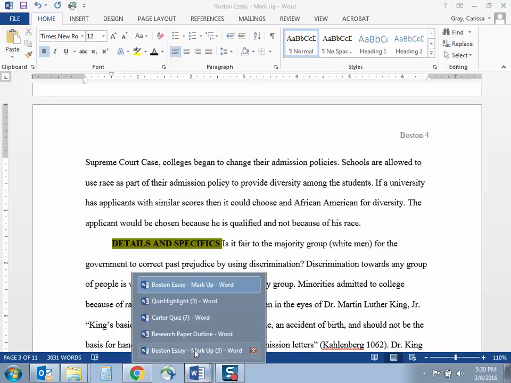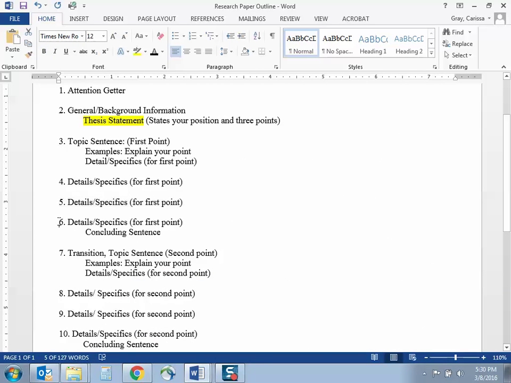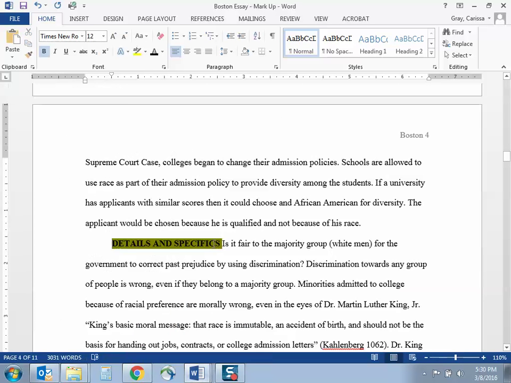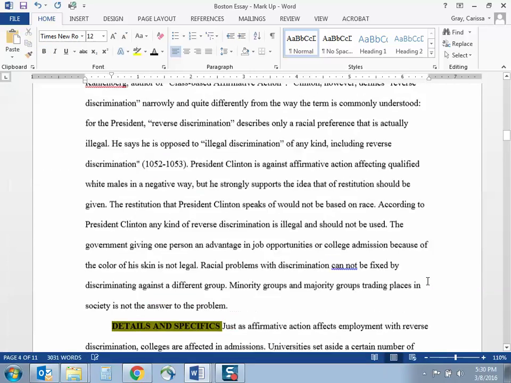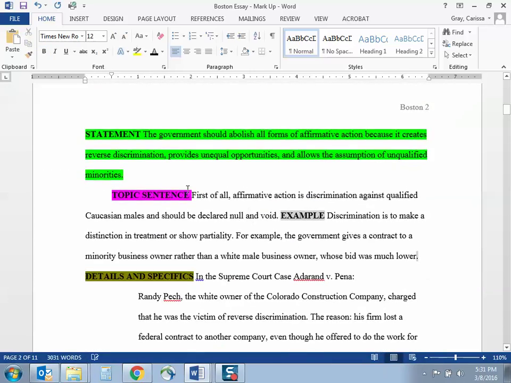Then you have to give me another paragraph with another case study. This is the last one. This is the 4th paragraph in your first point. So once you've given some more details and specifics, she's actually going to talk about Dr. King in this essay. But remember, everything in these paragraphs go back to reverse discrimination.